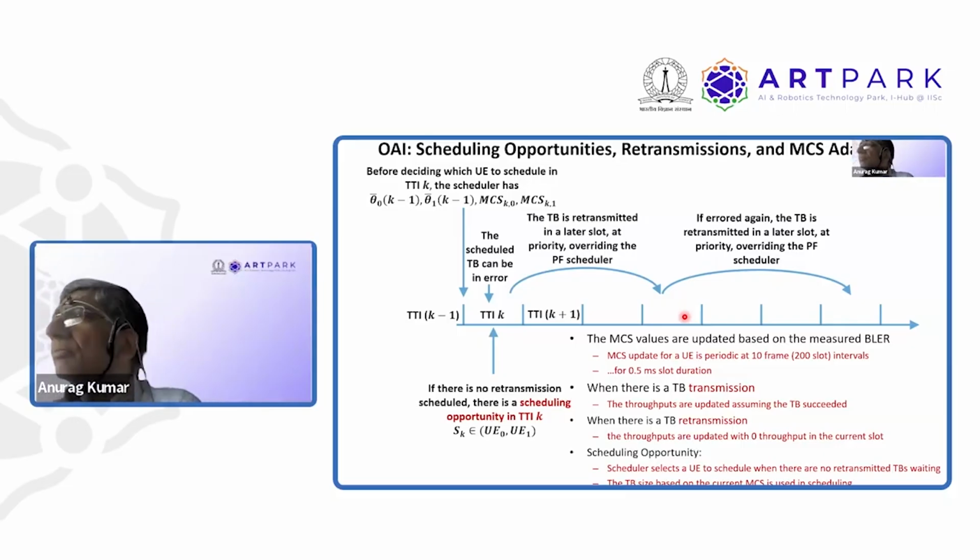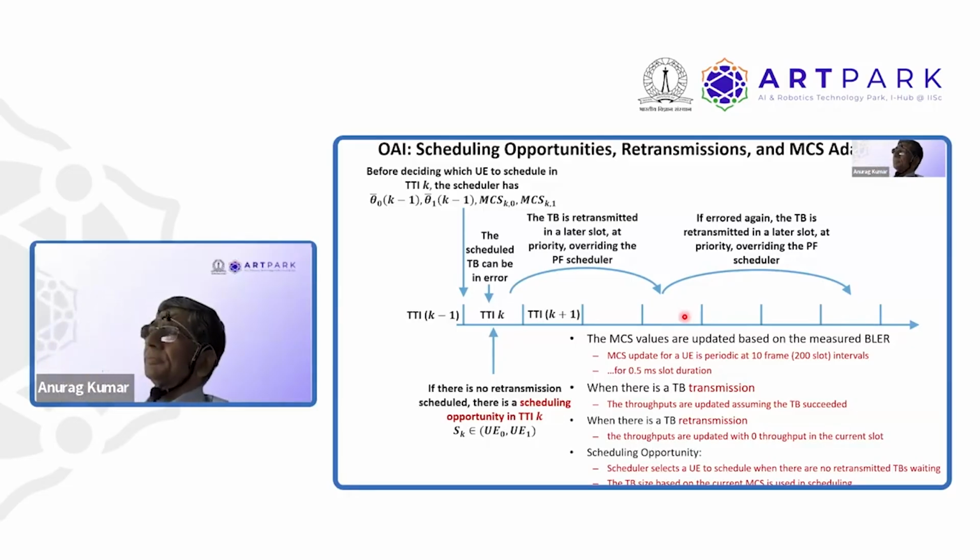Based on that, we take a call whether the RI and LI information, the rank indicator and the layer indicator information, that has arrived is authentic or not. We first go for the layer. If the layer is not suitable, then we move to the MCS.